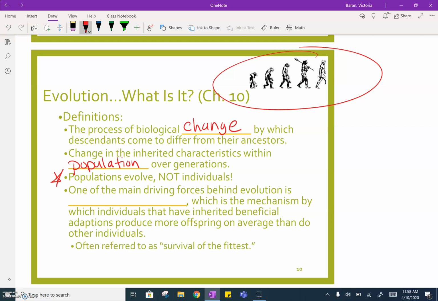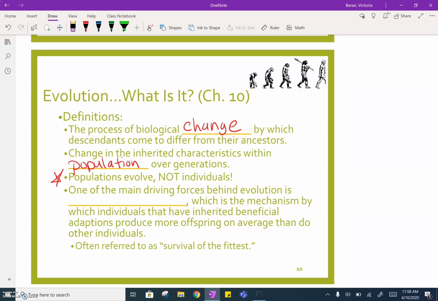Rather, we share a common ancestor with them. And at some point we diverged and us as humans went one way and they went a different way. So just to be clear on that, and again, it's not an individual that changes over time. It's a population overall, which is a group of the same species living in an area.